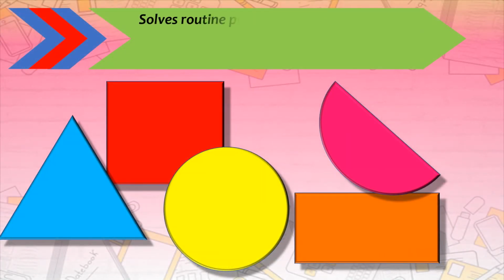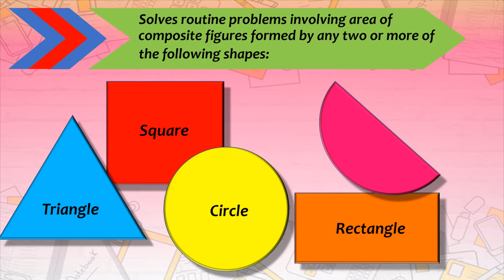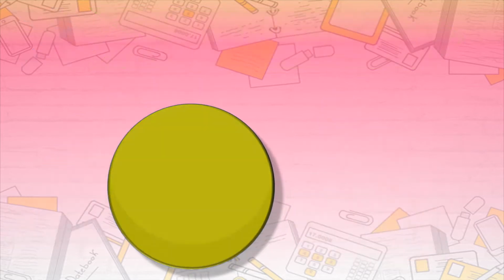For today's lesson, we are going to solve routine problems involving area of composite figures formed by any two or more of the following shapes, such as triangle, square, circle, rectangle, and semicircle.